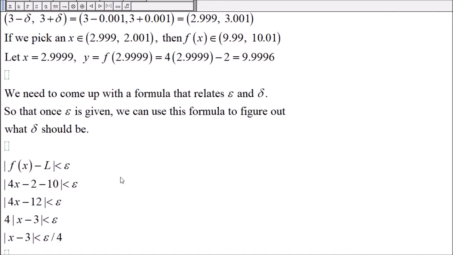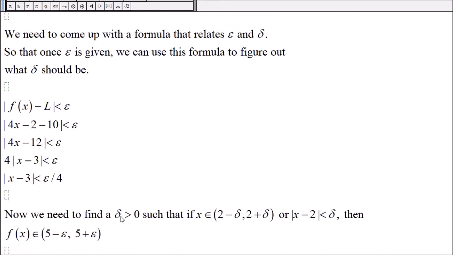And once again, the objective is, once epsilon is given or is specified, we need to come up with a delta such that if x is inside the interval 3 minus delta and 3 plus delta, then the corresponding y value must be inside the interval 10 minus epsilon and 10 plus epsilon.